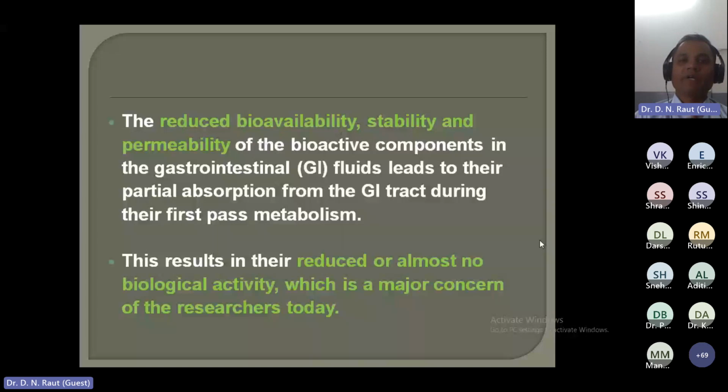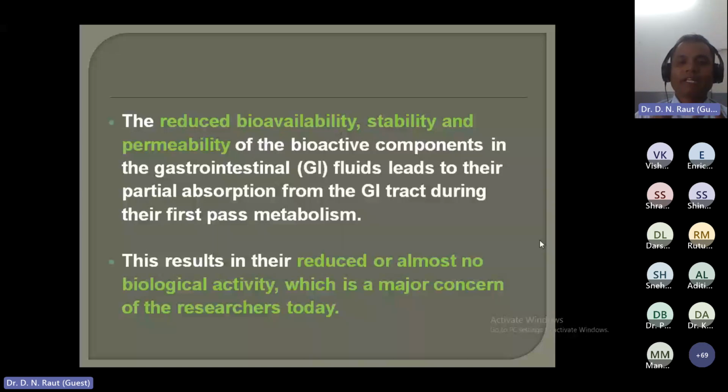So the reduced viability and stability, as well as the permeability of the bioactive compounds in the gastrointestinal fluid, lead to their partial absorption from the GI tract during first-pass metabolism. This results in their reduced or almost no biological activity, which is a major concern of researchers nowadays.